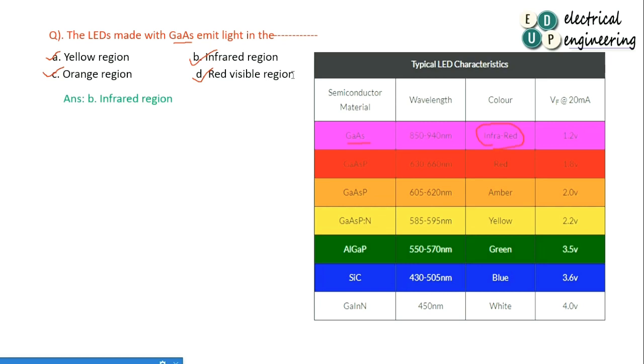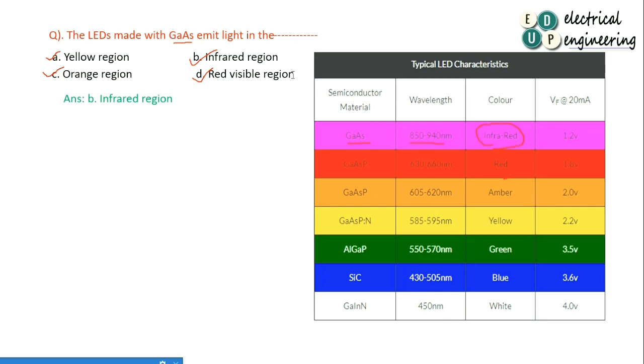Here the wavelength of GaAs is 850 to 940 nanometer, and forward voltage is 1.2 volt at 220 milliampere current. Now the next material is GaAsP, gallium arsenide phosphide. It is visible in the red region, its wavelength is 630 to 660 nanometer, and its forward voltage is 1.8 volt.